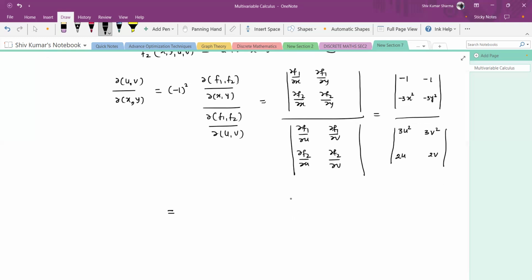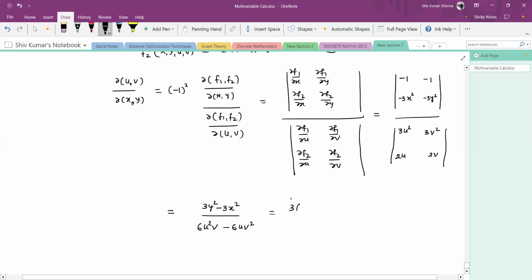First the numerator determinant: the multiplication of the leading diagonal gives us 3y square, and both terms of the off diagonal having negative signs, minus minus plus, gives us x square. The denominator gives 6u square v minus 6uv square.